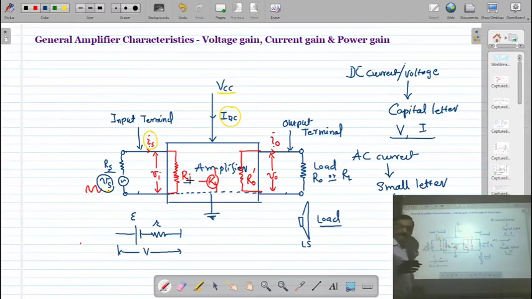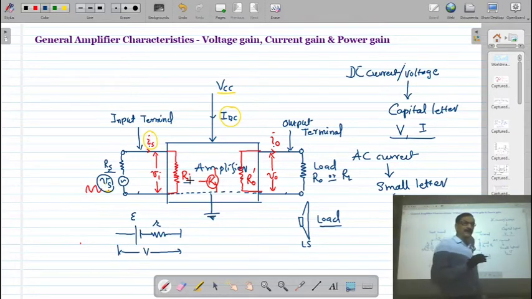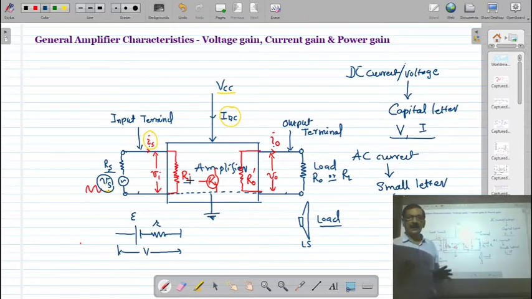So in electronics, whatever parameters are changing with time, always represent them with a small letter, otherwise you can represent them with a capital letter. Okay, so this is about the notation which we are going to use for the amplifier circuit.